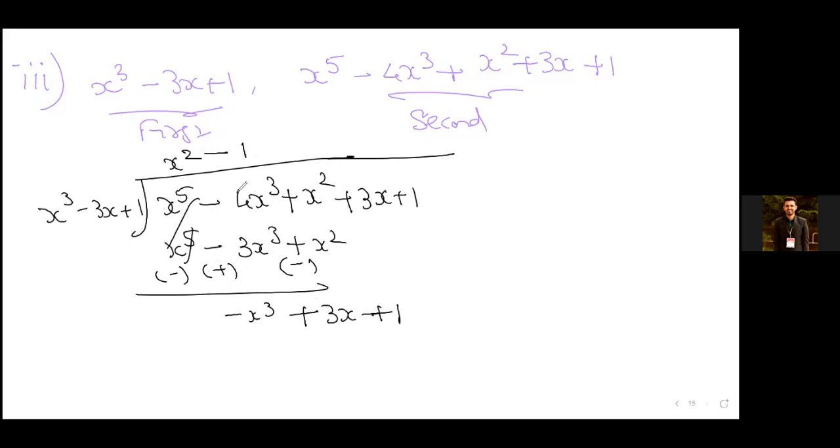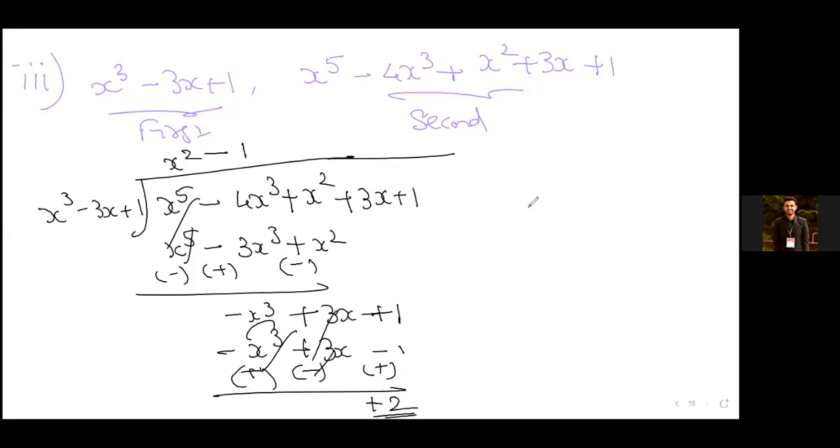Again, multiply with 1, you get x cube minus 3x plus 1. That gets cancelled, but the remainder is plus 2.